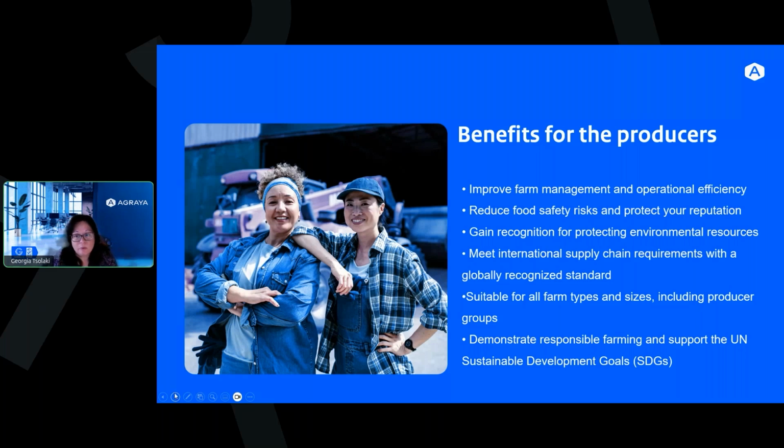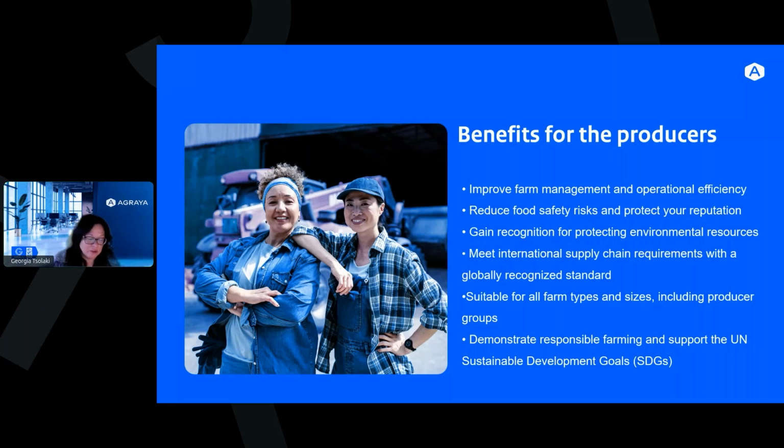Maybe you wonder what is the benefit. Why do producers need to spend resources, time and money to proceed with their certification against IFA for combinable crops? Benefit number one for producers is that they get recognition for safe farm management and for protecting the environmental resources.